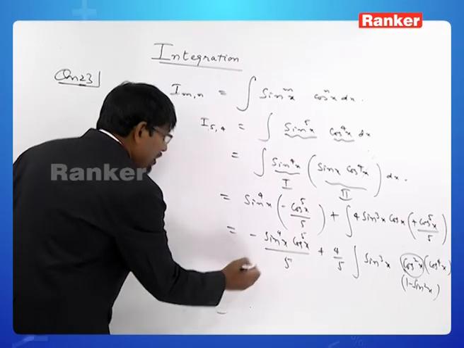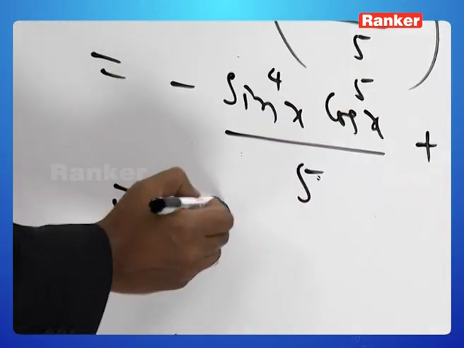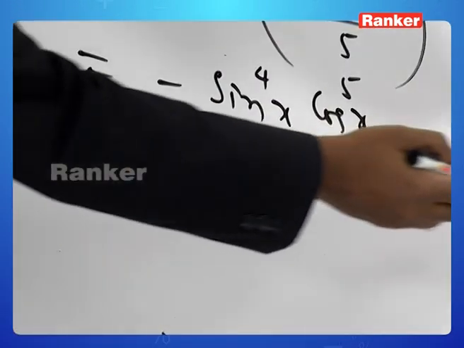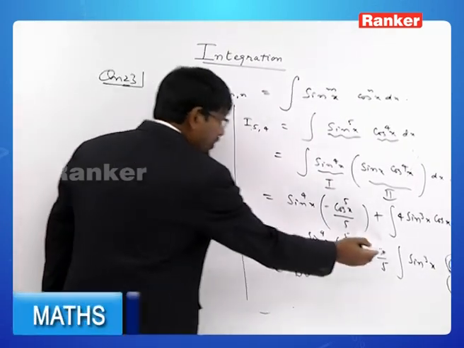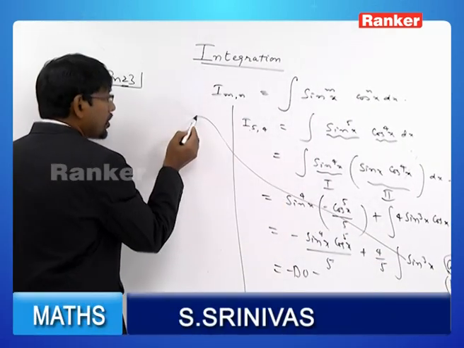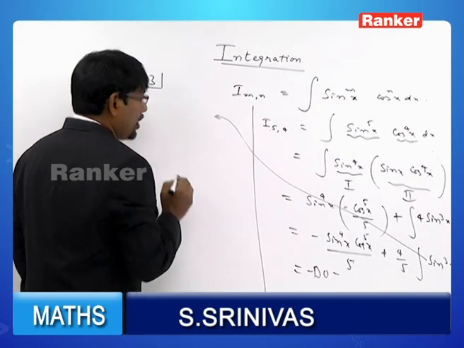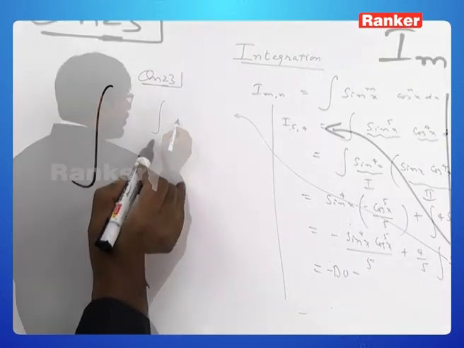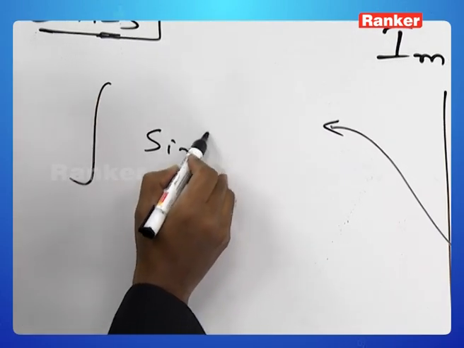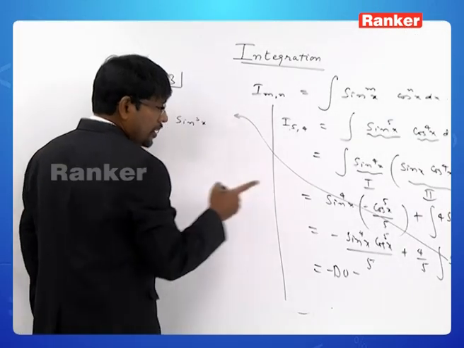So we then get this as it is. Now let's consider this part. Let's rewrite it here. This integral, I am going to rewrite it here. What do we have here? Sin cube x.